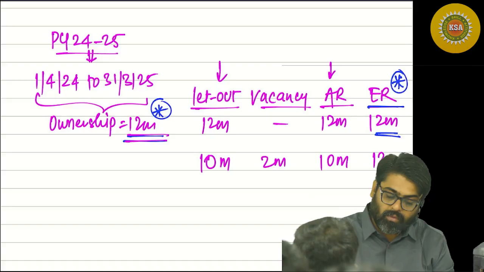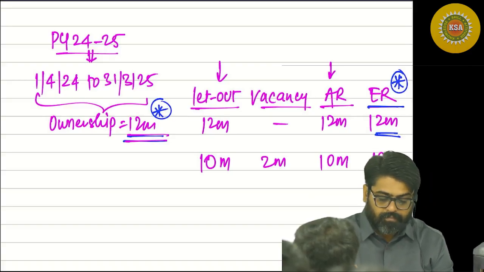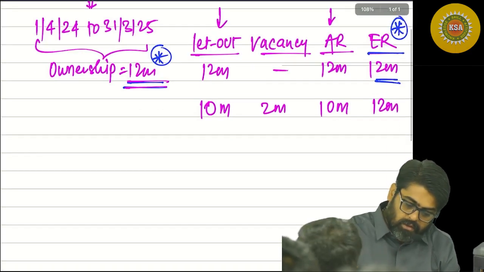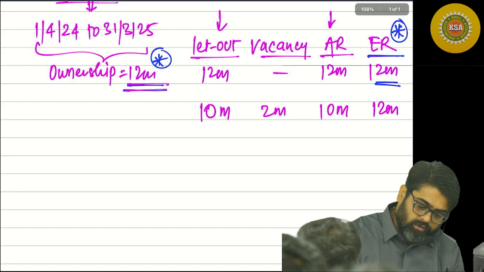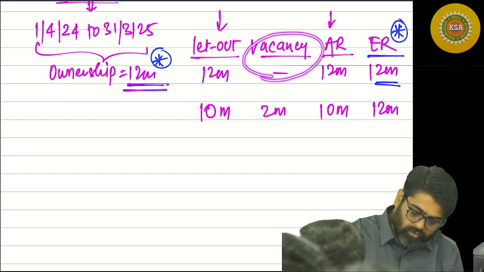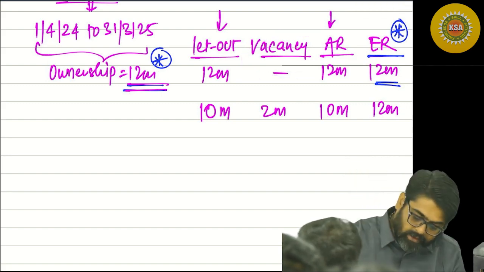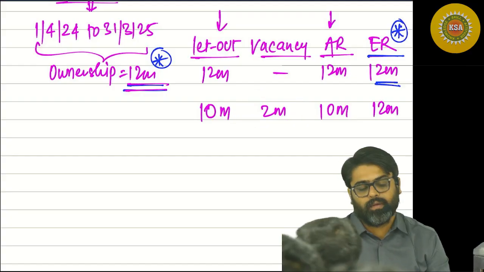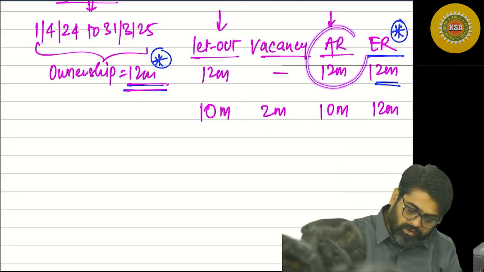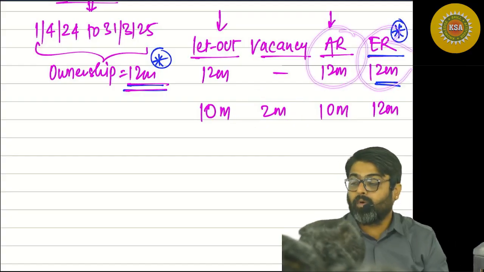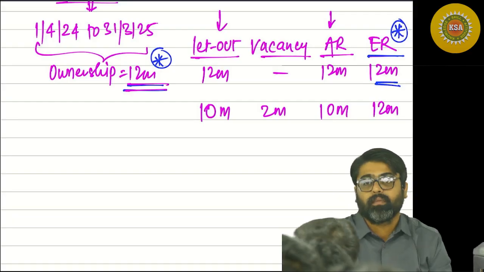So now tell me, in one case there is no vacancy, and in one case there is. If there is no vacancy, can you see actual rent and expected rent are both for the same period?